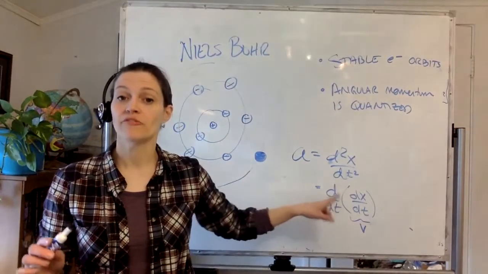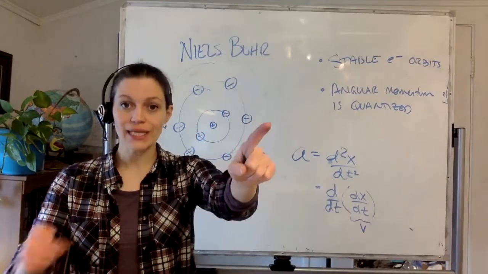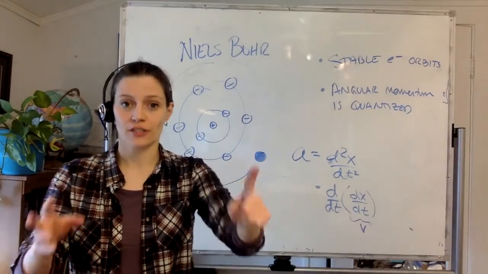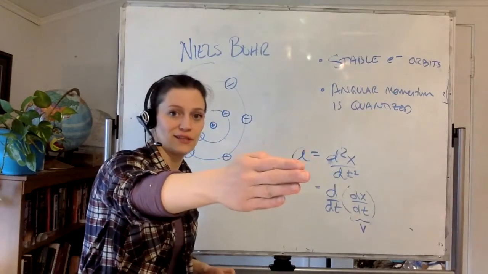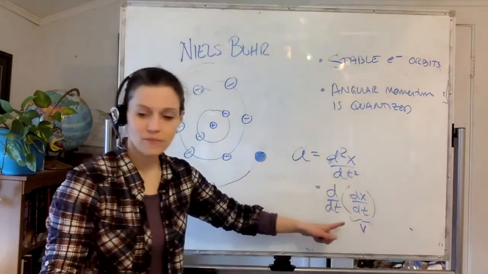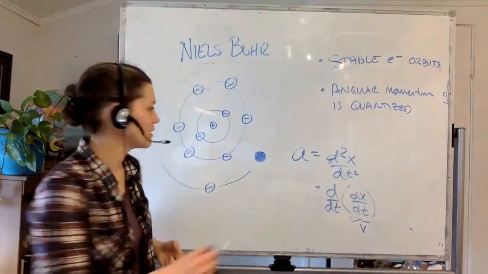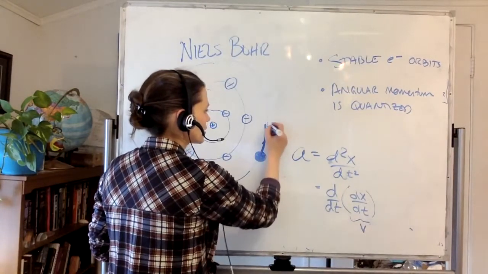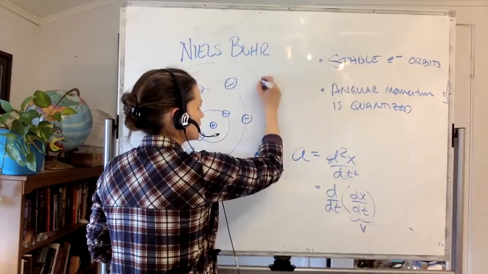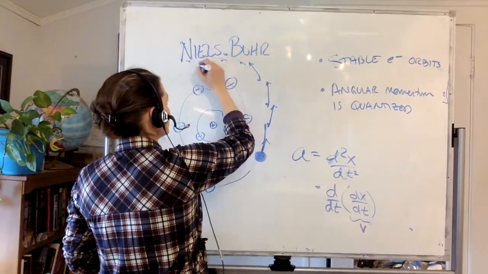Okay, now velocity is both a magnitude and a direction. It's a vector. And so you've got a direction associated with this velocity. All right, but if you have a change in the direction, you have a change in the velocity. Okay, so this is changing its direction.